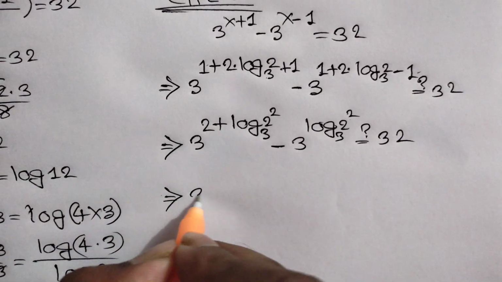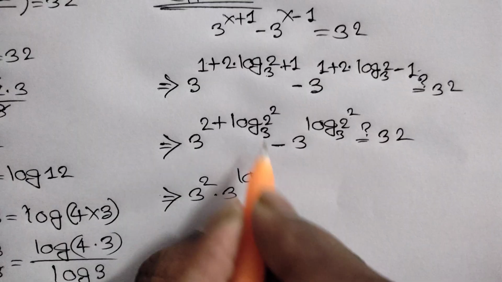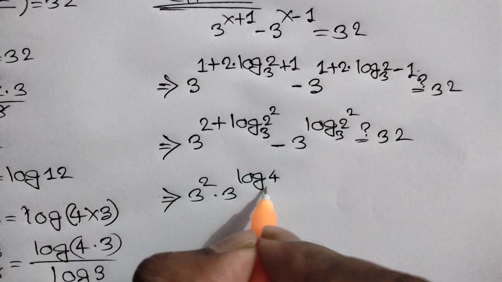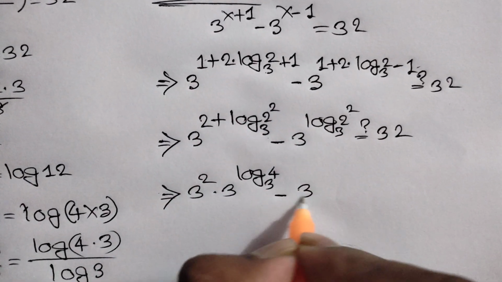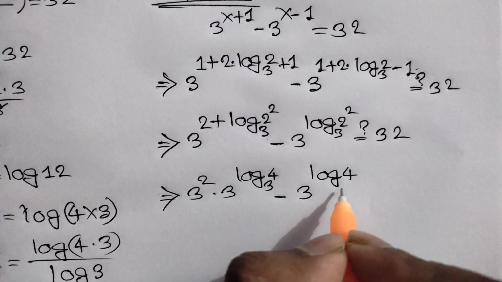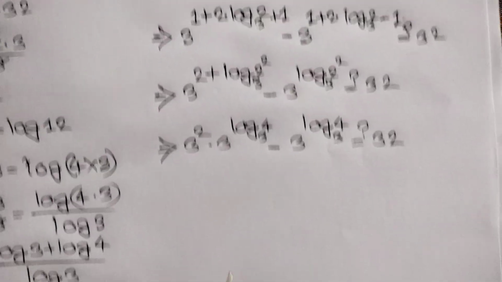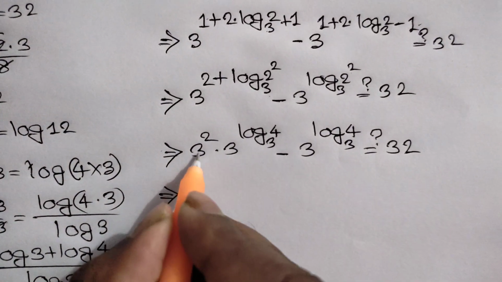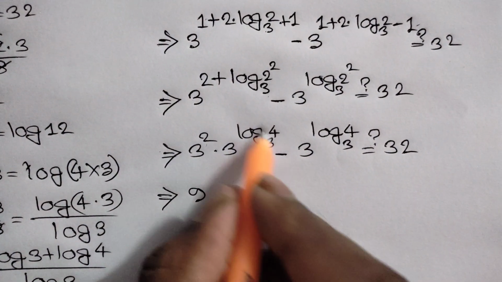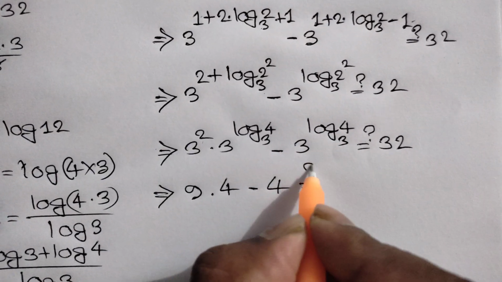Or now we can write here 3 square times 3 to the power log of 2 square, that means 4 base 3, minus 3 to the power log of 4 base 3, is it equal to 32? Or now we know that 3 square is 9 times here we will get 4, minus similarly here we will get 4, is it equal to 32?